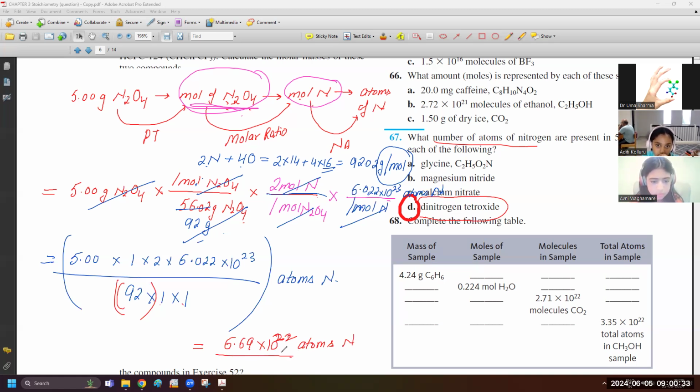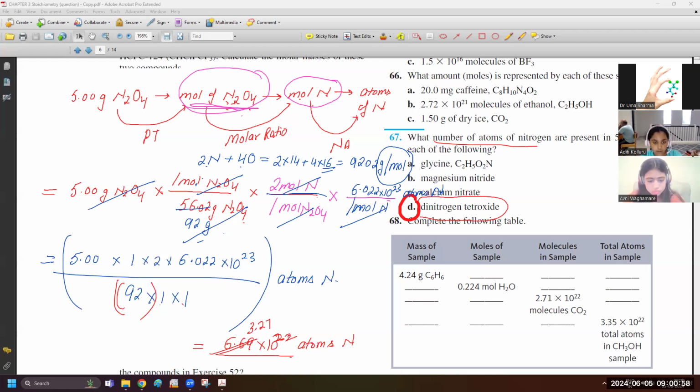Aditi, are you getting this answer? Let me check the mathematics. Oh, Avni, how come you are getting this number? I'm not getting this number. I'm getting 3.27.